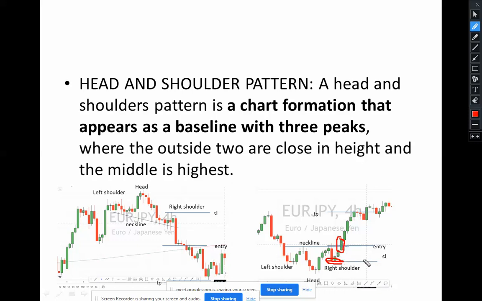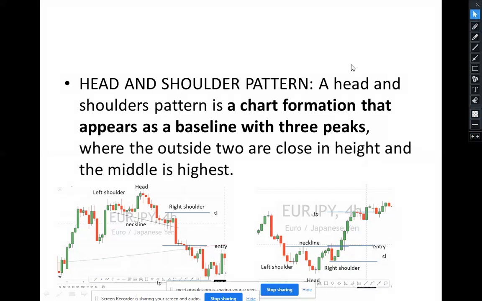While your target should be 1 to 1 risk reward ratio, 1 to 2 risk reward ratio, or the next support, or the next resistance. That is where you should exit the trade. In this kind of situation, maybe this is going to be 1 to 3 risk reward ratio. You risk one, then three reward. So that is how to trade the head and shoulder pattern.